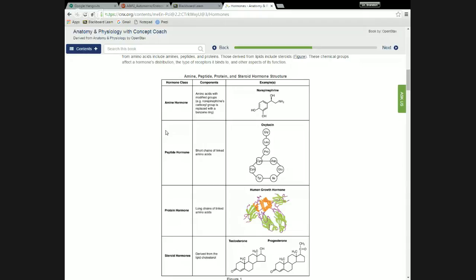But then another enzyme will change dopamine into norepinephrine, and then another enzyme will change norepinephrine into epinephrine. So there's just a series of enzymes that modify this amino acid called tyrosine, and depending on how many steps we go through, we either get dopamine or norepinephrine or epinephrine.